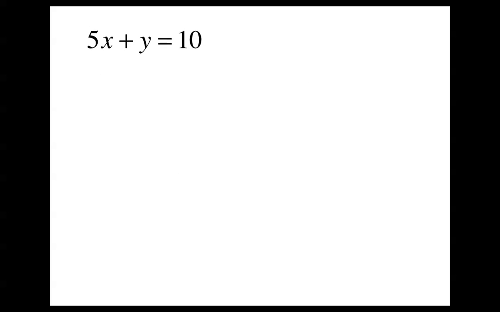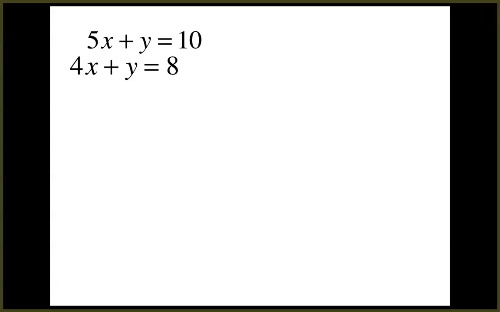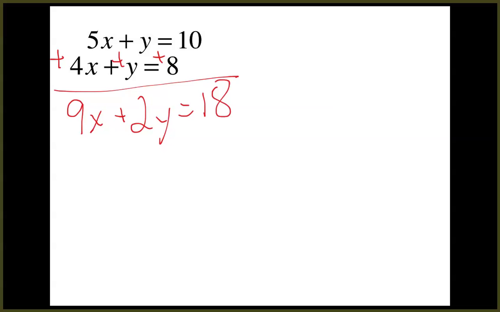All right, but for a problem like this, it might work because, oh yeah, look, the x's and the y's line up. So let's see what we get. If we add and add and add on this one, we're going to get 9x, and y plus y is 2y, and 10 plus 8 is 18.